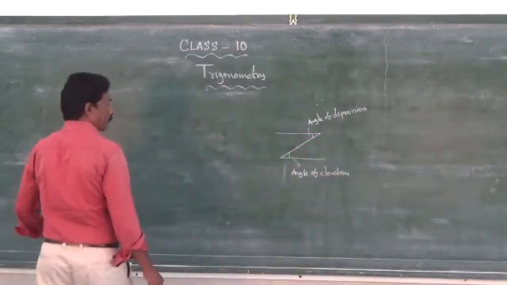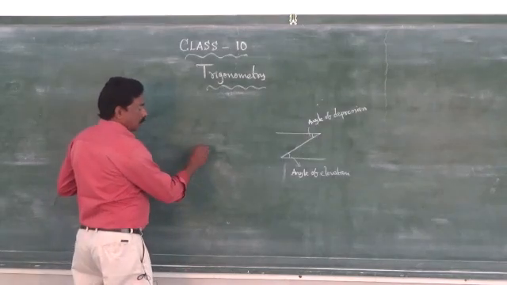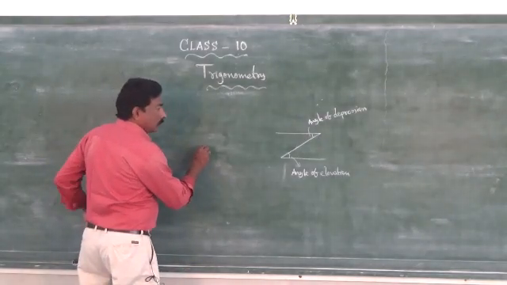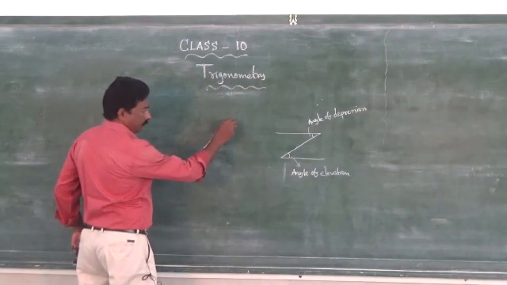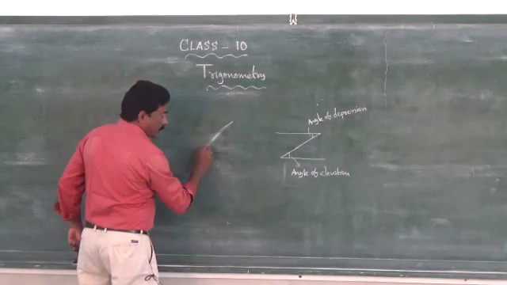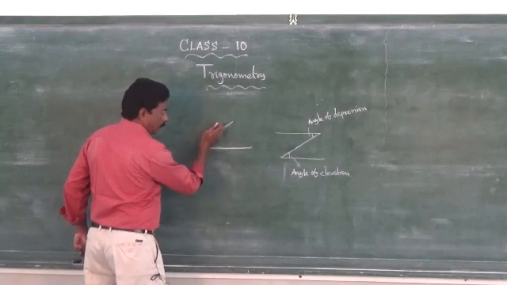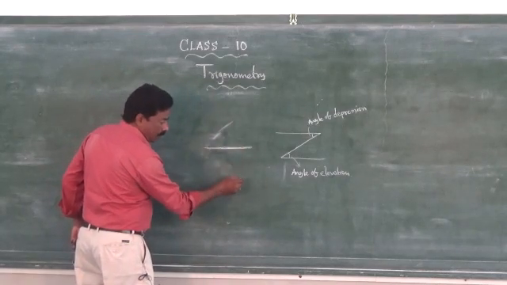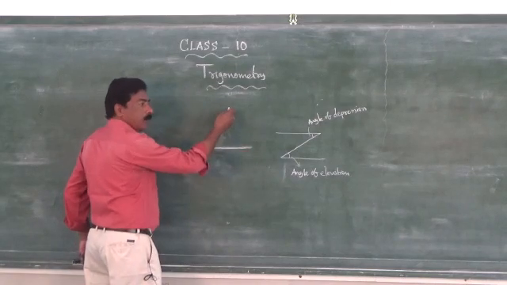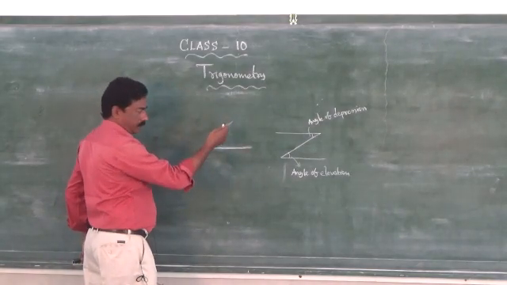What is the angle of depression? It is the angle made by the line of sight with the horizontal line. If the object is below the horizontal line, and if it is above, it becomes angle of elevation.